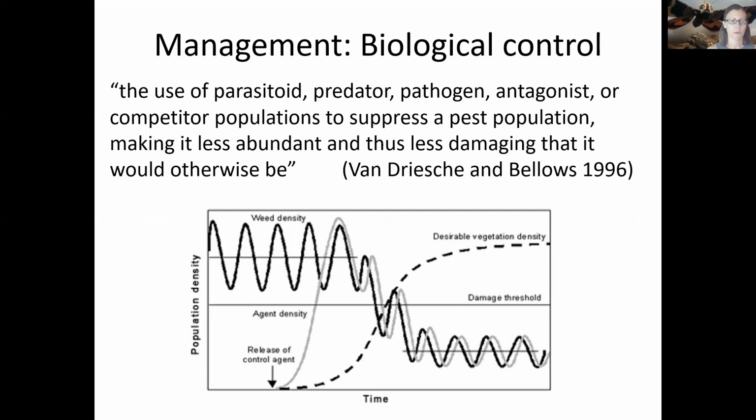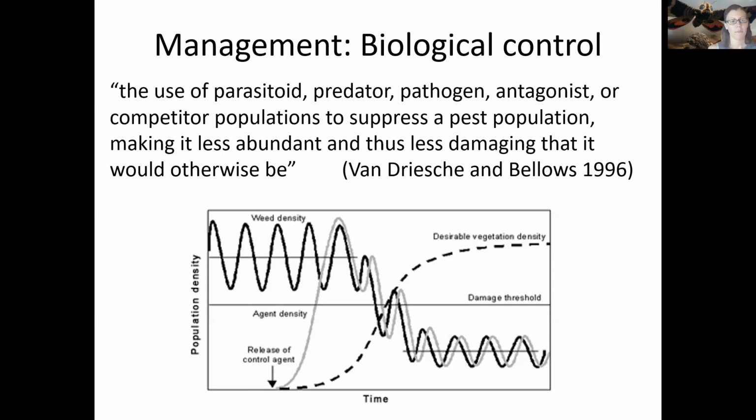So here's a quote from Van Driesche and Bellows from '96, where biological control is the use of parasitoid, predator, pathogen, antagonist, or competitor populations to suppress a pest population, which makes it less abundant and thereby less damaging than it would otherwise be. So the goal is not necessarily to eliminate an invasive species, it is to bring the population down so that it is no longer problematic.